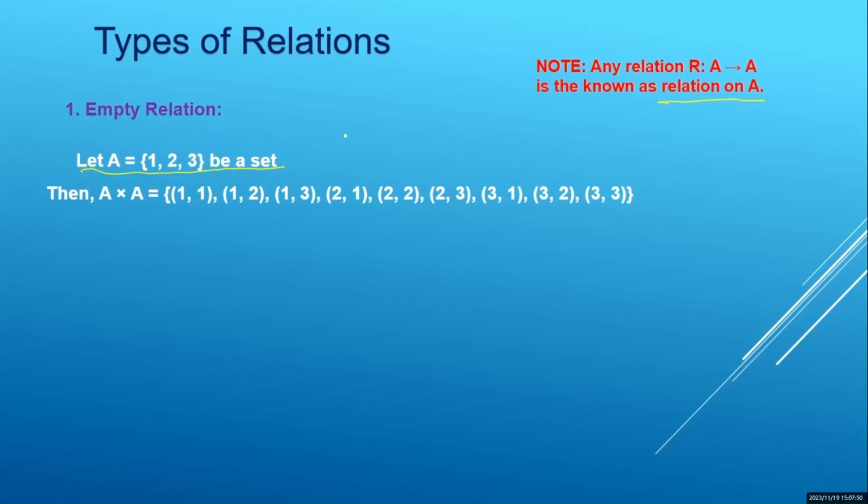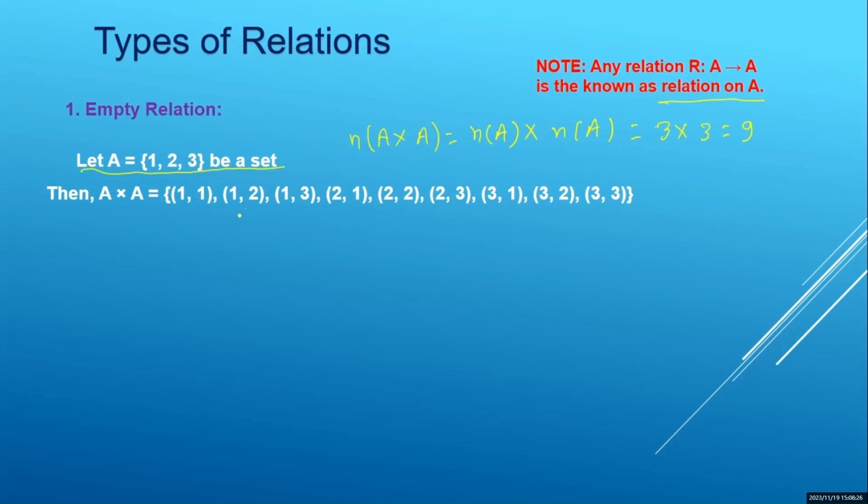As you know, the number of elements in the Cartesian product of A and A will be the cardinal number of A into the cardinal number of A. There are 3 elements in set A, so we get 3 into 3 equal to 9 ordered pairs in A cross A.